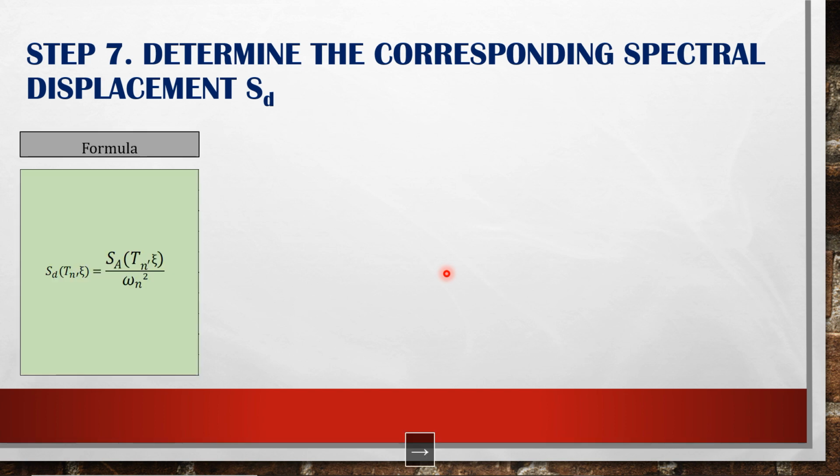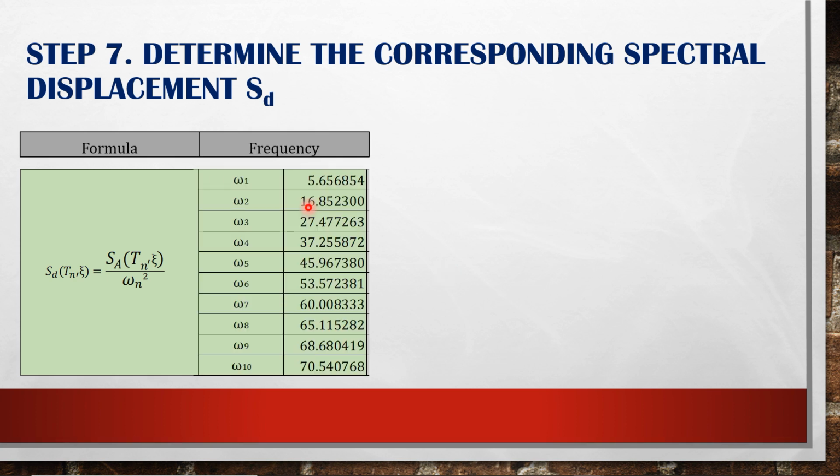Ang formula natin for spectral displacement is SD is equals to SA or the spectral acceleration over frequency n squared. So, yung frequency natin, ito yung given frequency, yung na-determine natin after natin ma-determine yung eigenvalue, square root natin yun, ito na yung frequency. So, gagamitin na natin siya ngayon.